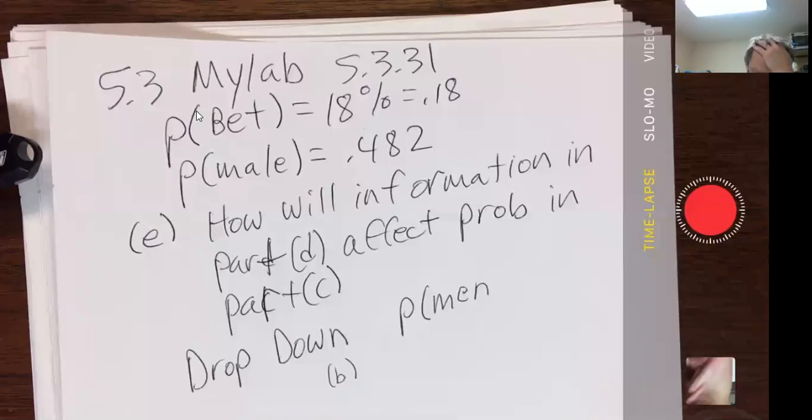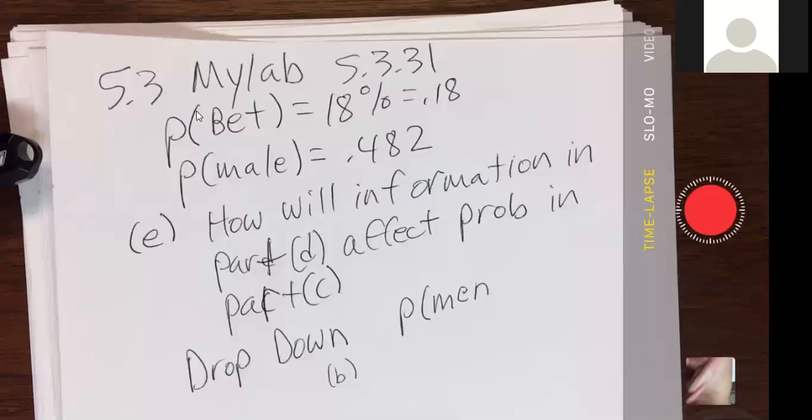Well, near as I can figure, it's paralleling what's in the book, and the answer in the book is not independent. That was part D: the assumption was incorrect and the events are not independent.